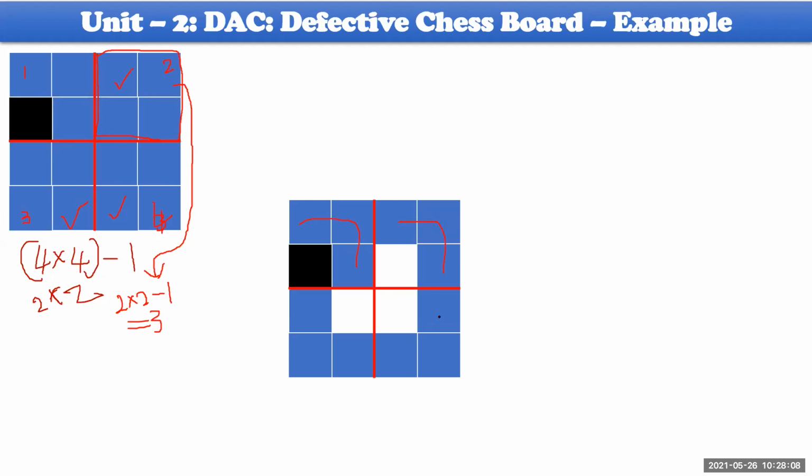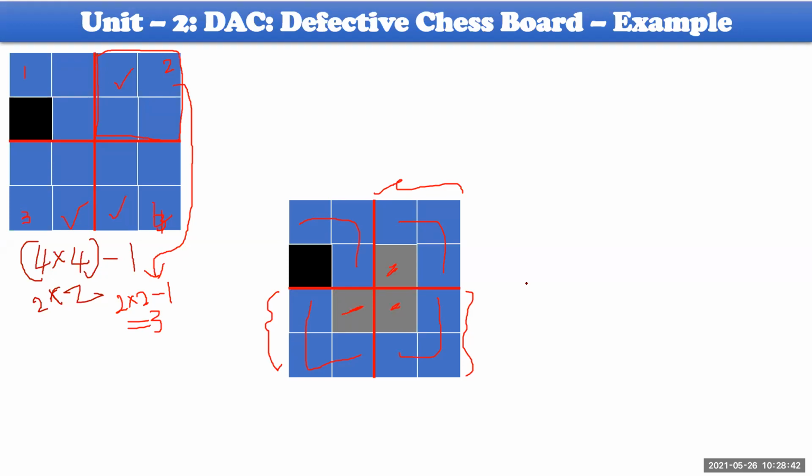This is non-defective, this is non-defective, and this is non-defective. So the white color, I'd like to fill with dark black. So this is defective for this area, this is defective for this particular area, and this is defective for this particular area. But they are considered by us artificially, because the problem has been divided into four 2 by 2 chessboards. That is why we have introduced them.